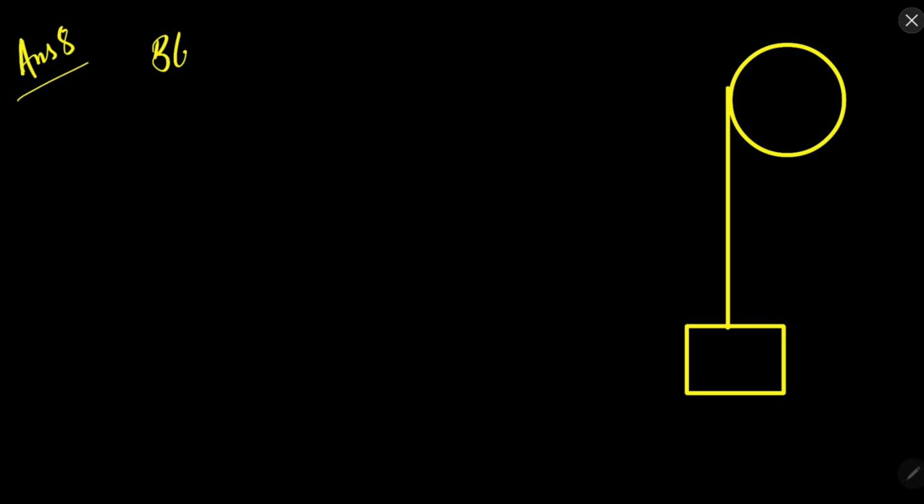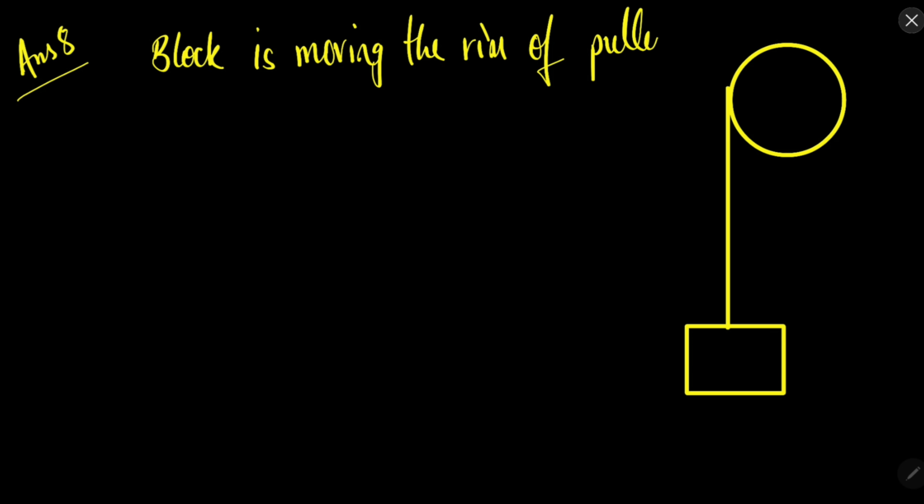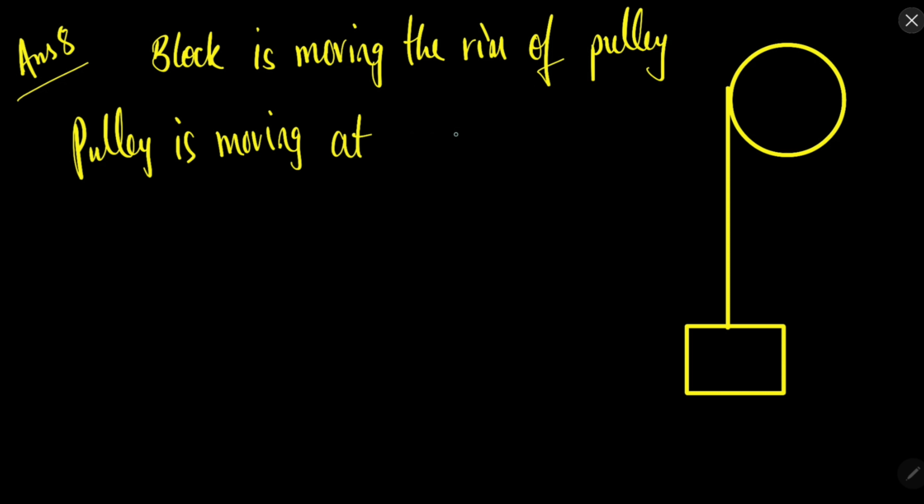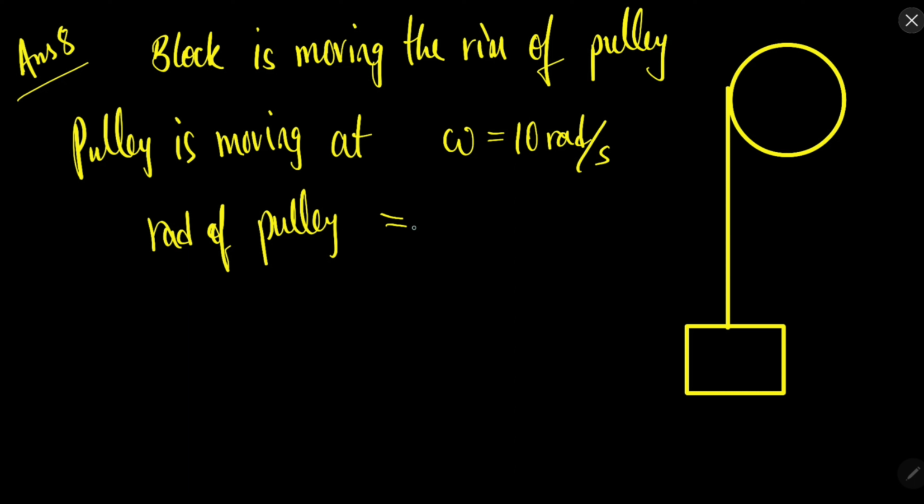Now this block is moving with the rim of the pulley. So the pulley is moving at omega equal to 10 radian per second, and the radius of the pulley is 20 centimeter, that is 0.2 meter.